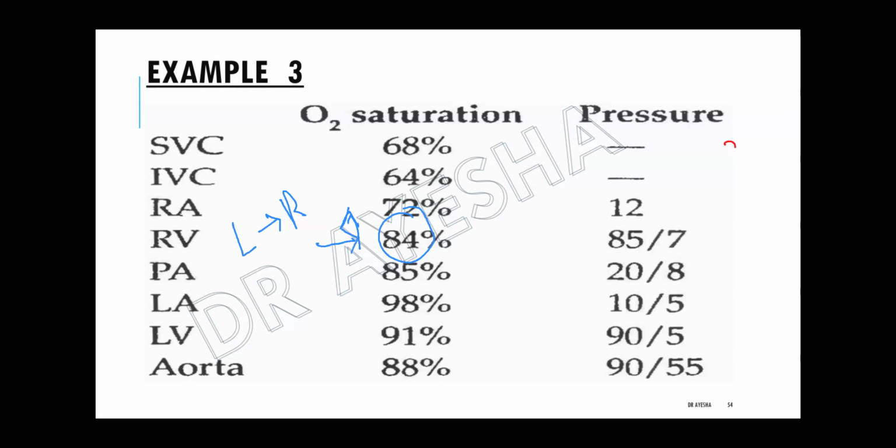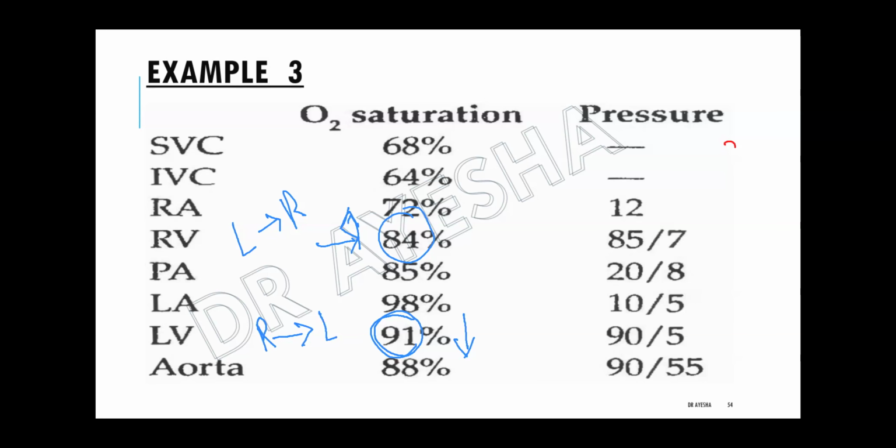That is why saturation is increased. But when you see the left ventricle, over here, there is a step down. If someone's saturation is decreasing, that means cyanotic, deoxygenated blood is mixing into the left ventricle. The deoxygenated blood is present in the right ventricle and that is coming into the left ventricle. So a right to left shunt is also there.